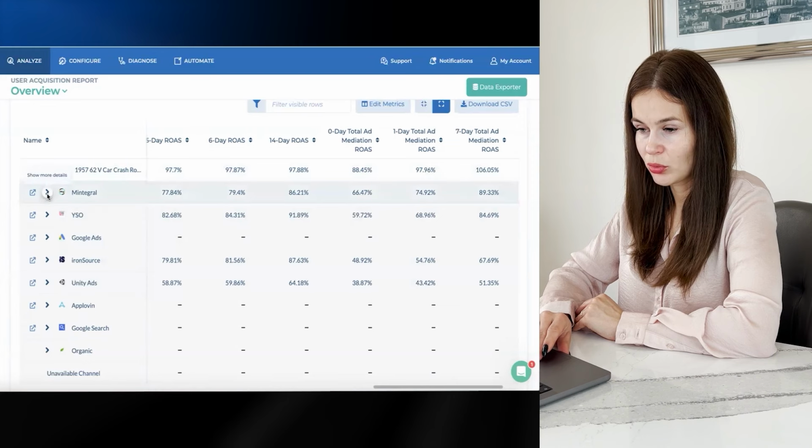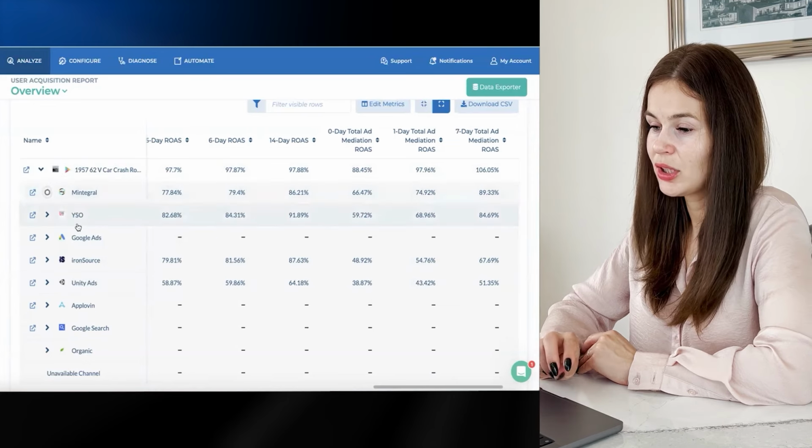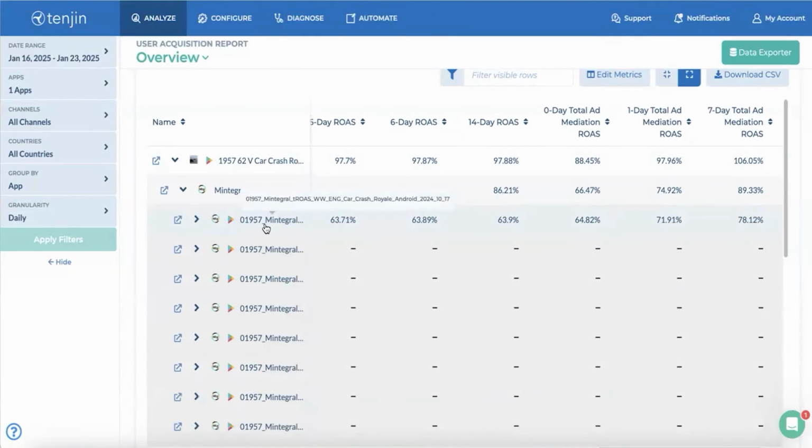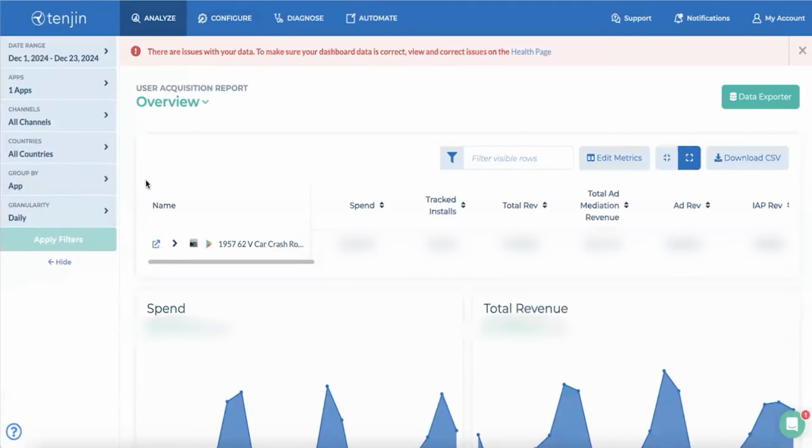Let's take a look at which ad campaigns are performing well on Mintagrel and what types of campaigns are running there. On Mintagrel, we have only one campaign running, which is a TROS campaign. To see which countries are performing on this source, we need to generate the following dashboard in Tenjin. Let's analyze it in a bit more detail together.